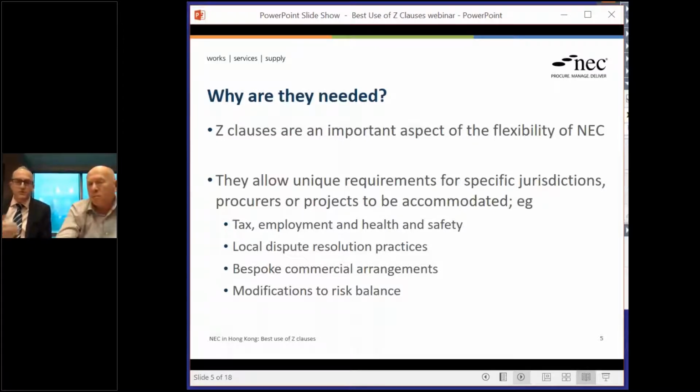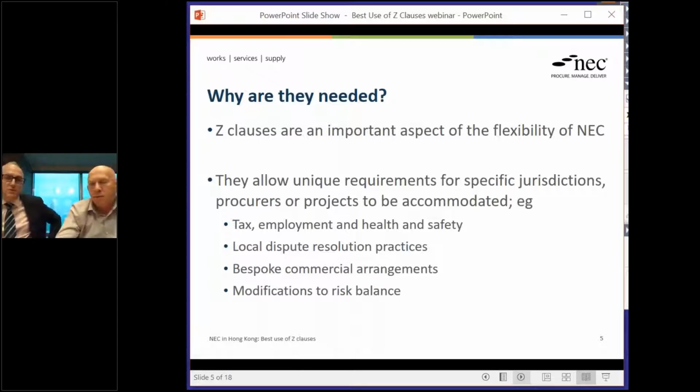And I've given some examples there on the slide of things that you will often see, including in Hong Kong, provided for in clauses, so things relating to tax, employment, health and safety, specific local dispute resolution practices, which could be a particular procurer's favoured approach, or it could be something which reflects, say, a particular jurisdiction's security of payment legislation on mandatory adjudication and things of that nature.